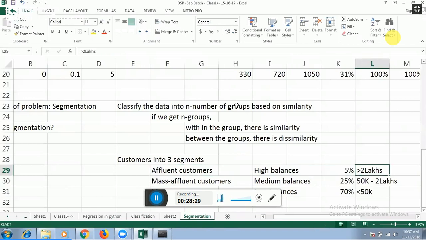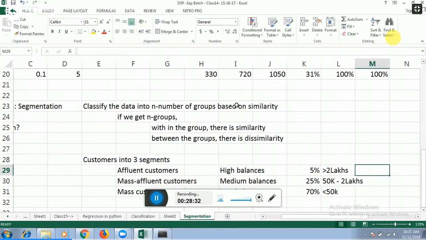But sometimes, suppose the majority of affluent customers are coming from the North region, the majority of mass affluent customers are coming from the West region, and the mass customers from the South and East region.